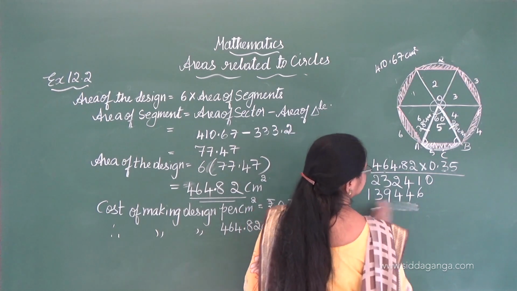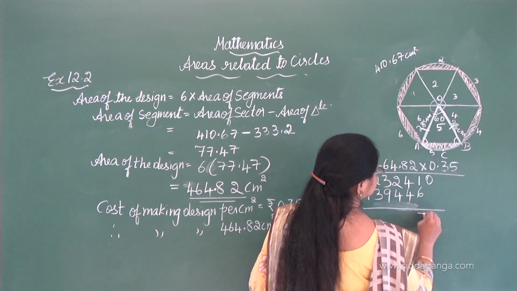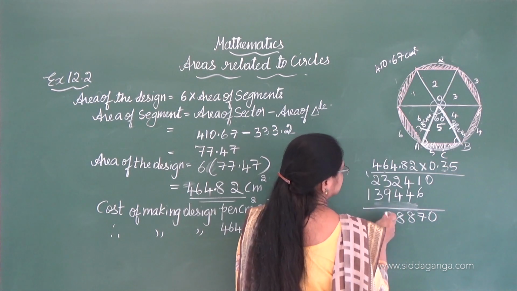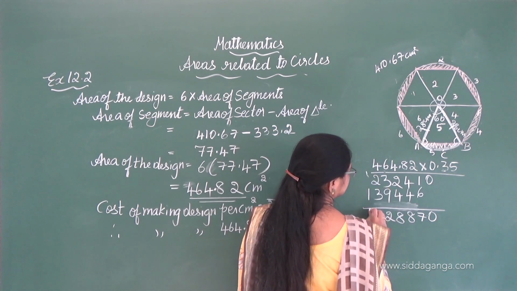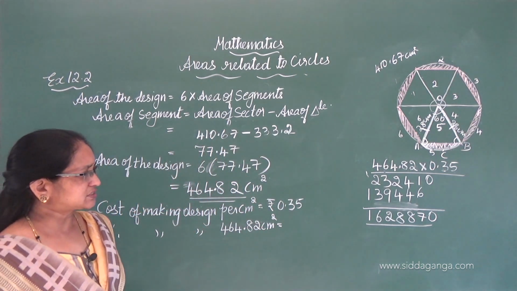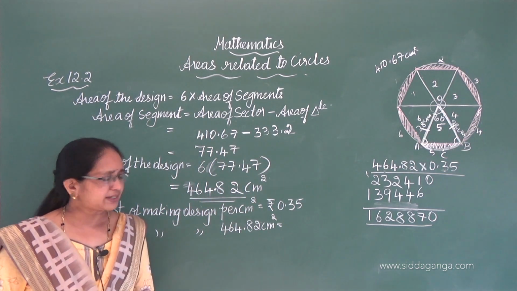So you need not write the zero here. We get 1628870.